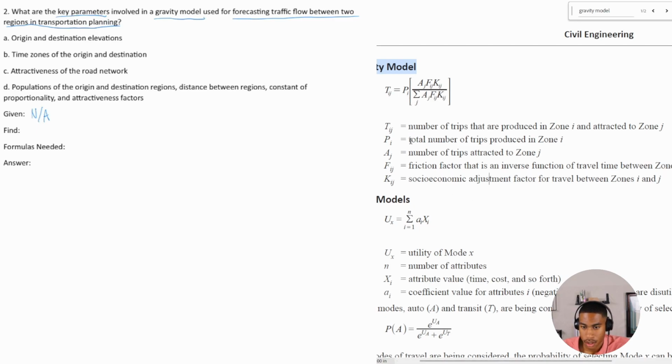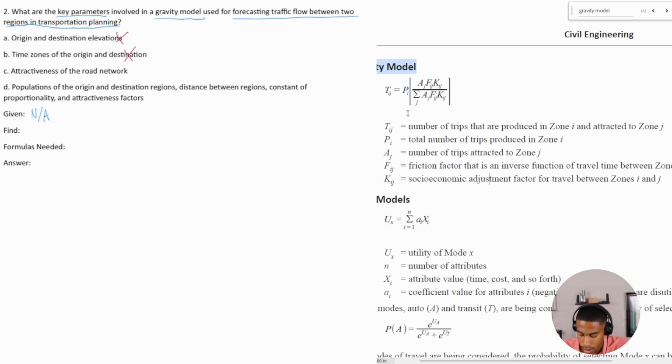So total number of trips produced, total number of trips attracted, friction factors, and economic adjustment factors. They're all what's contributing to this end result. So I don't see elevations involved, so I'm going to say no. Time zones of the origin and destination, no. Attractiveness of the road network, I think that's a piece of it.